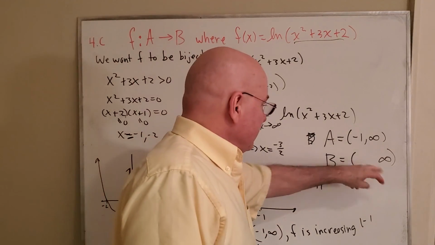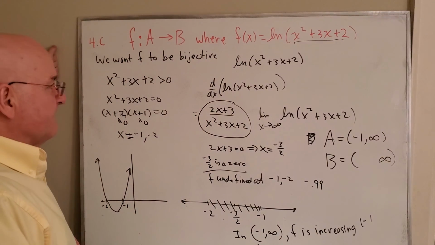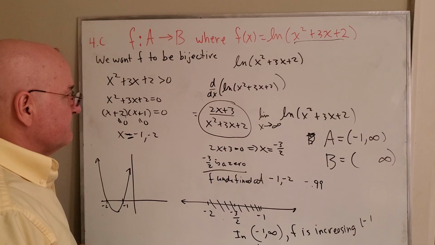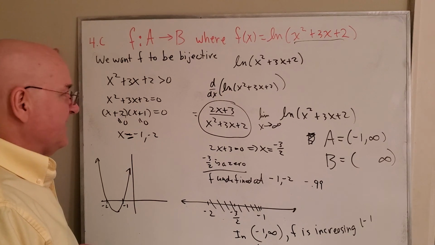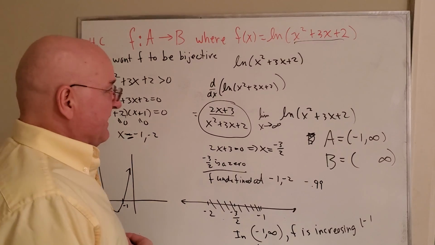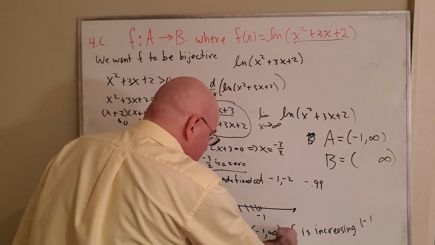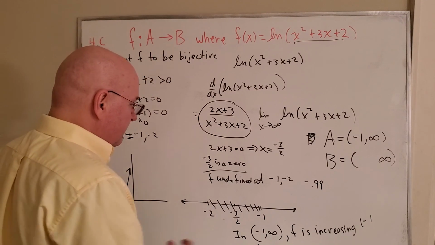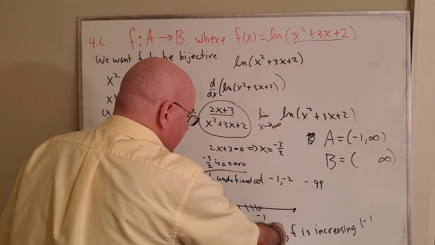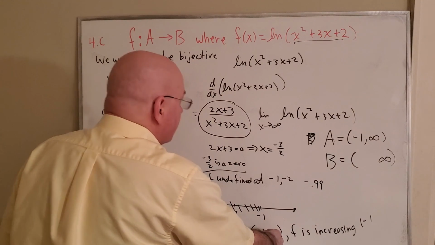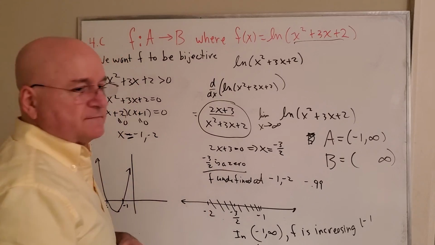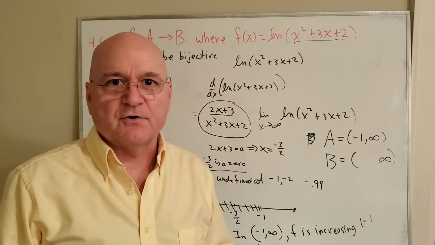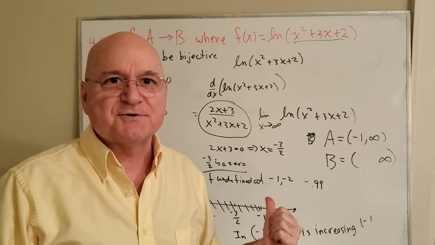I believe it's negative infinity to infinity. I think we might have to take a limit. The limit as x goes to negative 1 from the right-hand side of this is going to have to be negative infinity. So work on that. I will too. See if that helps. Maybe I can give you other help. I'm going to figure out the answer, but let me know what you get.